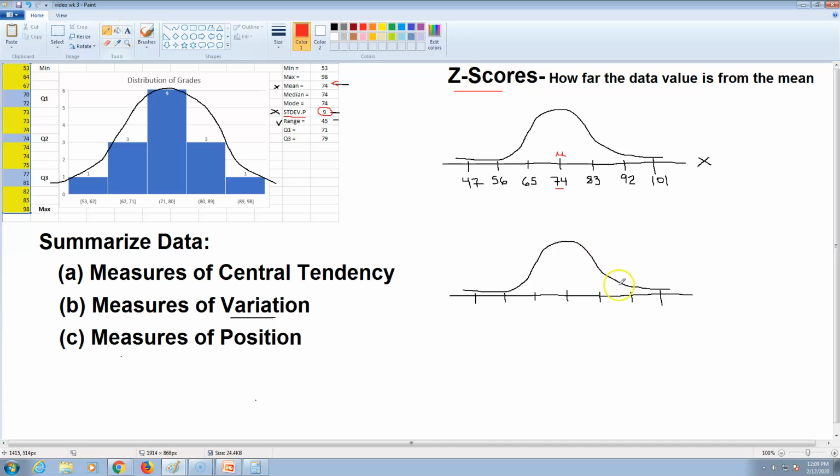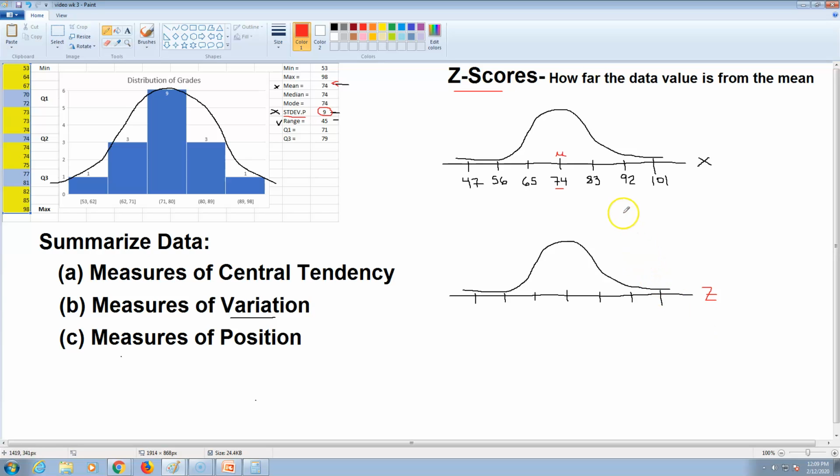That's why this number line, I'm not going to call it X like before. Instead, I'm going to call it Z. X is when you're working with the actual value from the data set. So these are actual test scores, and what I'm going to write next are not actual test scores.